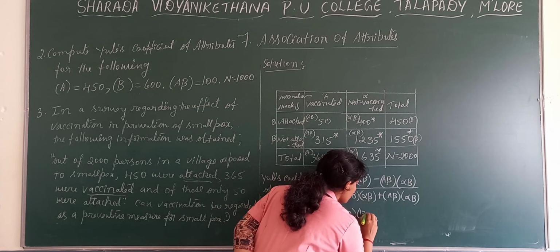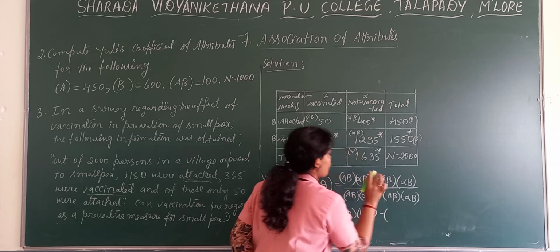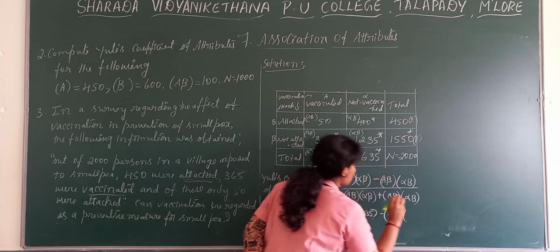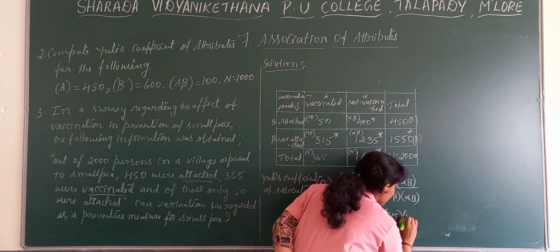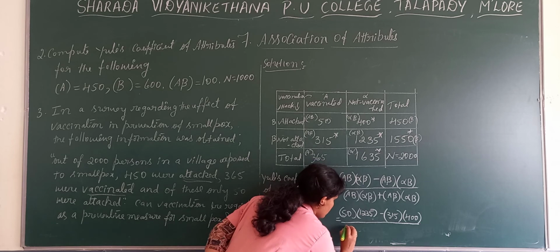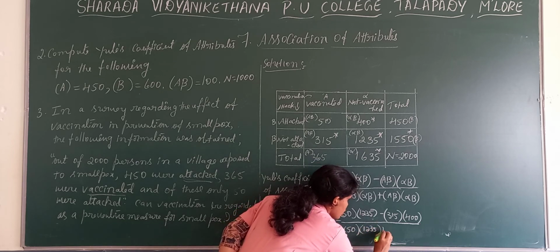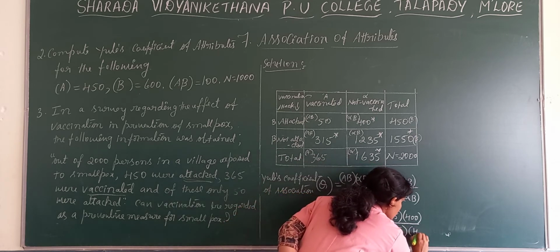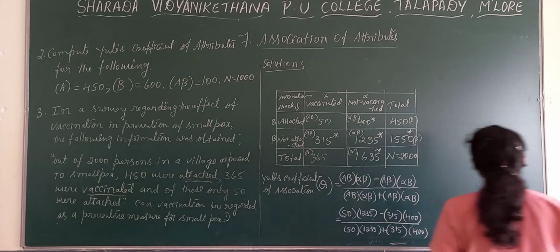That is 1235, minus the value of A beta, which is 315, into alpha B, which is 400, divided by 50 into 1235 plus 315 into 400.